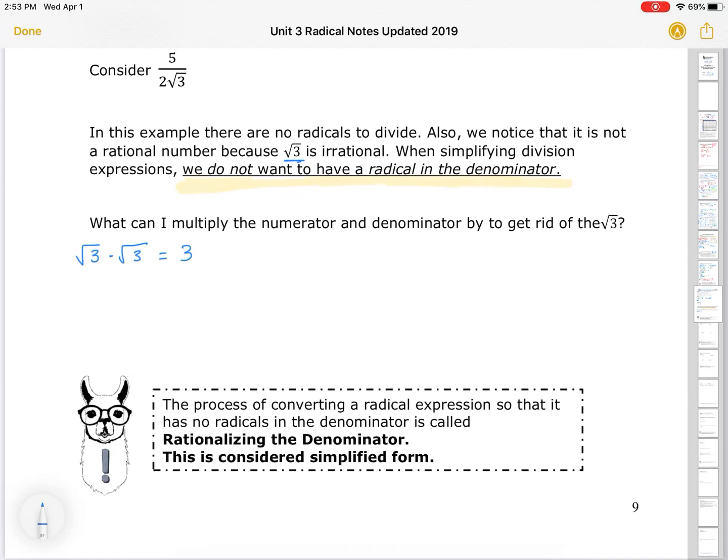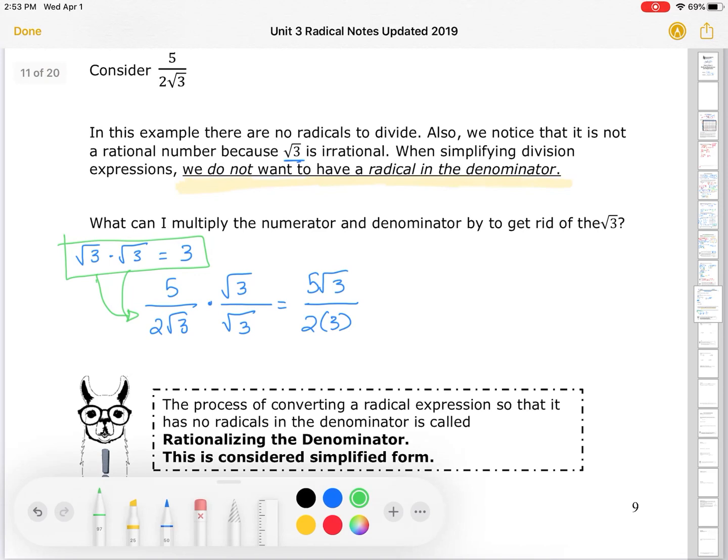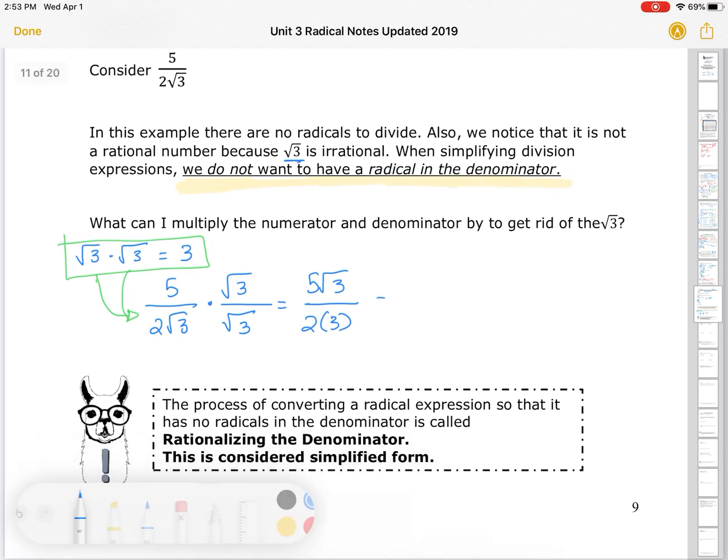So if I multiply the top and the bottom by root 3, I'm going to be able to get rid of that radical on the bottom, like so. 5 over 2 root 3. If I multiply the top and the bottom by root 3, on the top, I'm going to get 5 root 3. On the bottom, I'm going to get 2 times 3 because if you recall from up here, root 3 times root 3 equals 3, right? So that's what I've done on the bottom there.